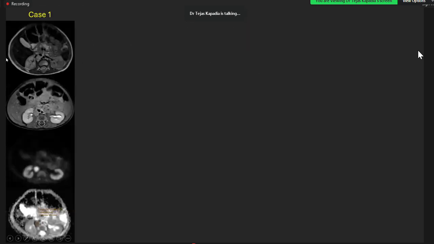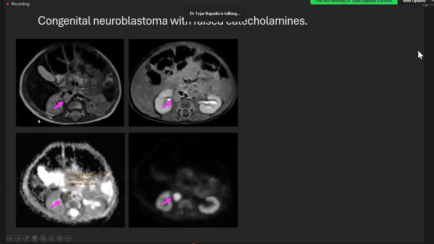So this is case one, where you can see that there is a soft tissue lesion here adjacent to the right kidney. So this is an extra-adrenal lesion. The mean ADC is 0.7, 0.8 nearly. So this was seen congenitally at birth, and they had raised catecholamines.